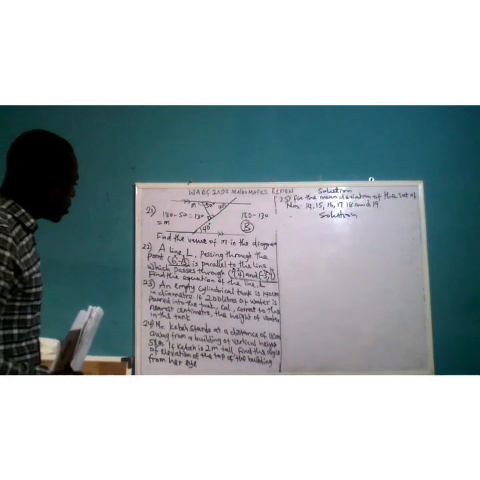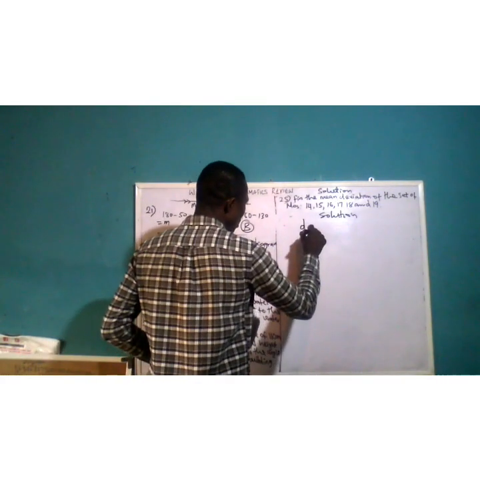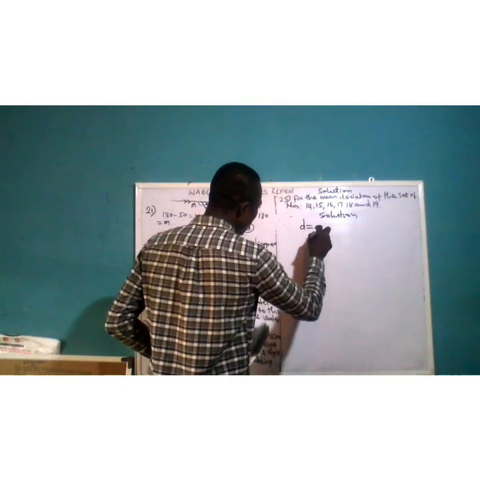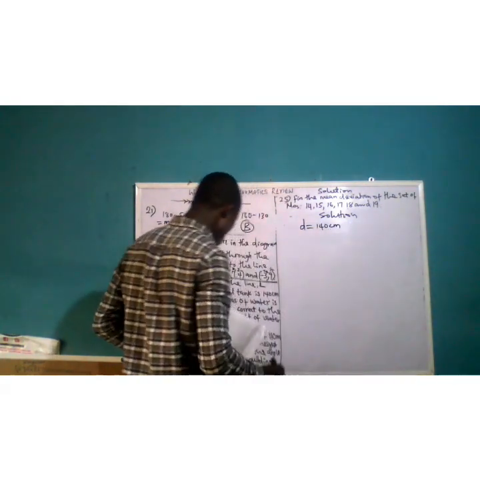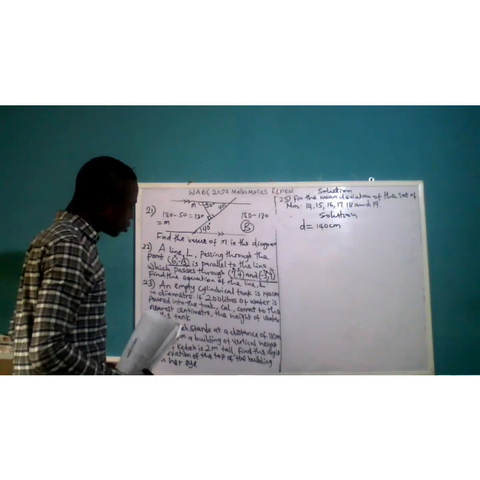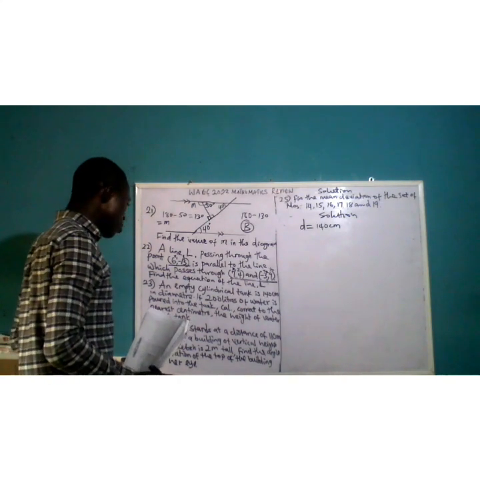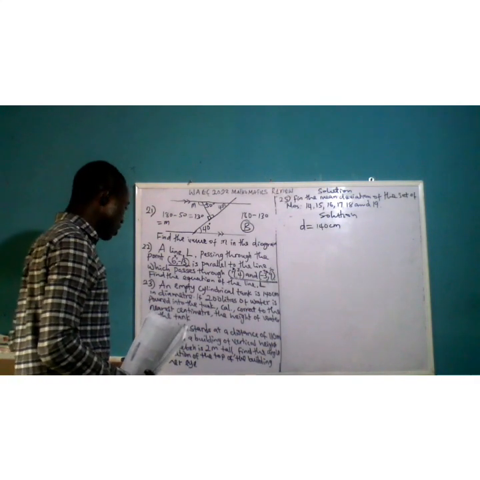In question number 23, we are given that an empty cylindrical pan is 140 centimeter in diameter. The diameter D of the empty cylindrical pan is given as 140 centimeter. And we are told that if 200 liters of water is poured into the tank, calculate, correct to the nearest centimeter, the height of the water in the tank.